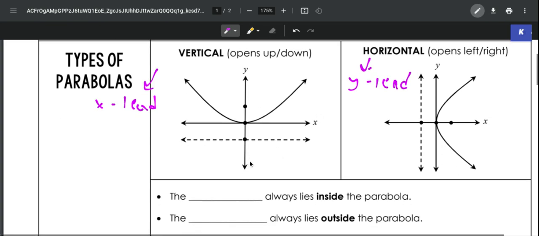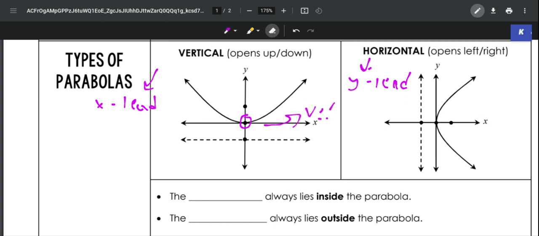All right, so then we've got a couple different points here, and we can just label everything. Whatever our turning point is for our parabola is our vertex. So this right here would be our vertex.